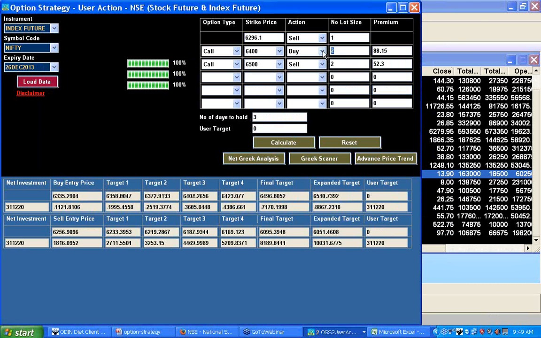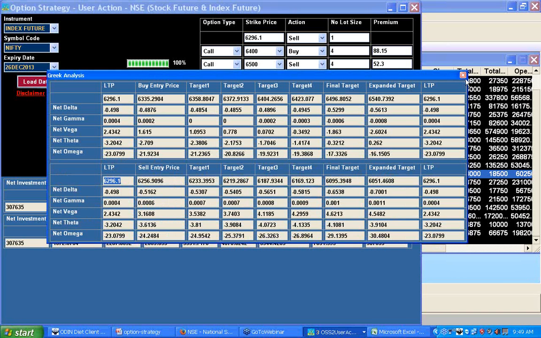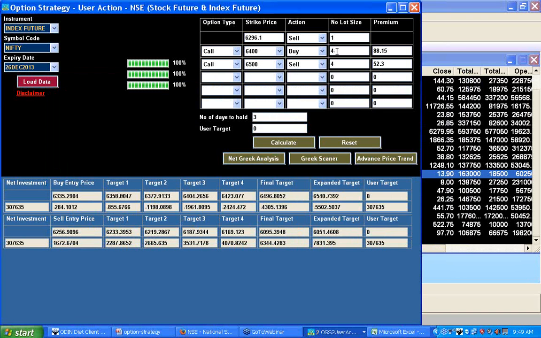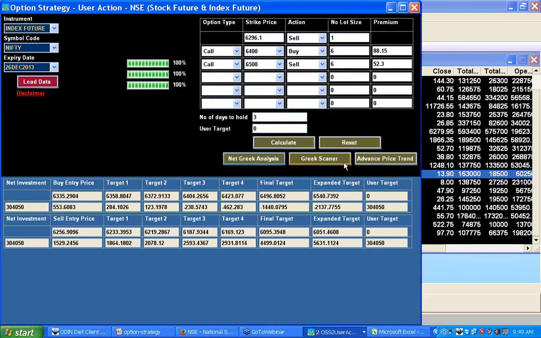So let me take 4 lots. 4 lots, calculate net Greek analysis, 0.49. So let me go for 5 lots or 6 lots. 6 lots, calculate, and I will be just coming to negative 0.24.